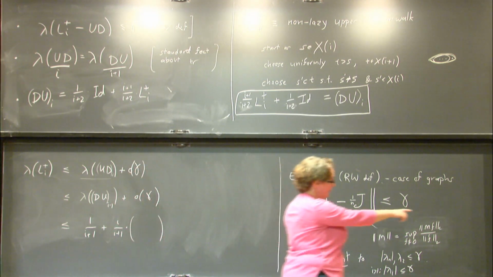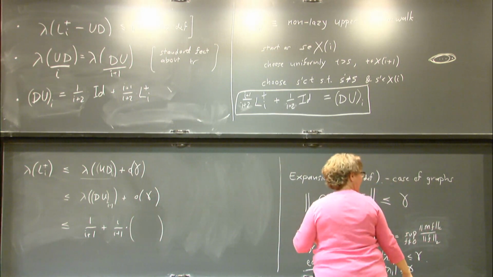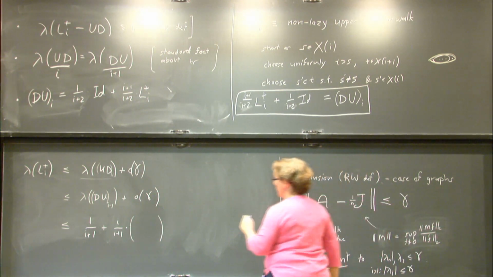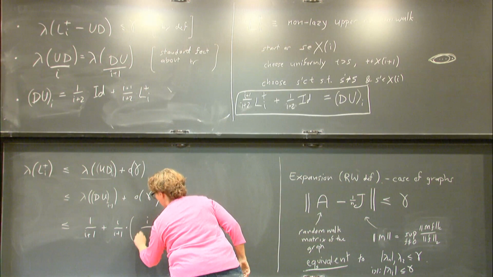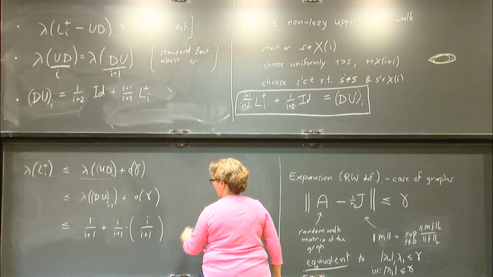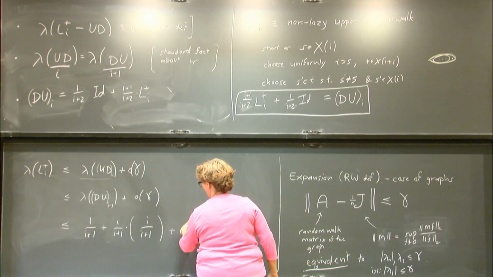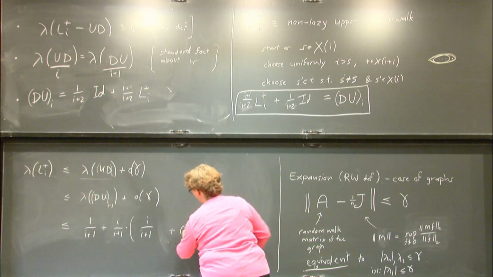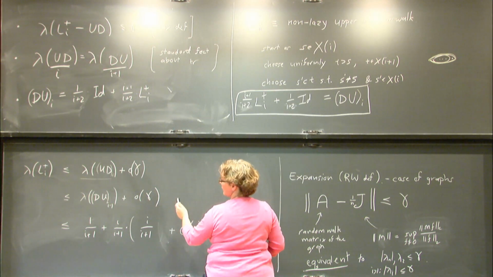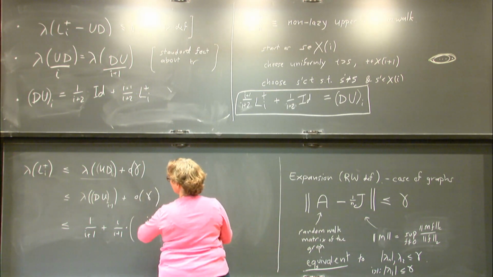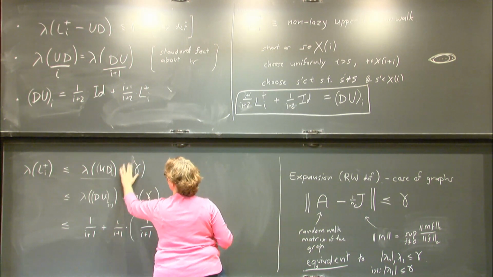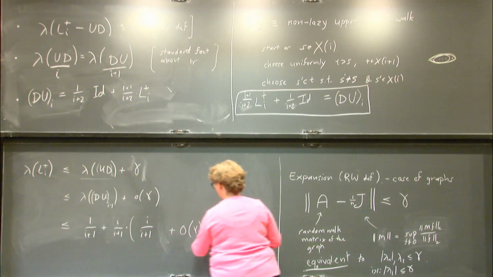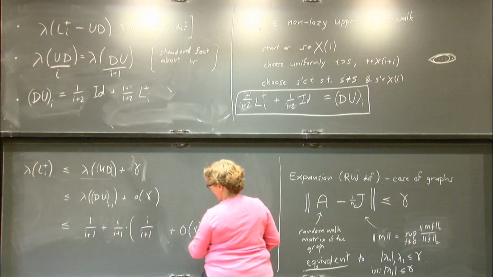I copy it from the claim, I divided by I plus 1, I divided by I plus 1, plus O of gamma, and here I didn't need the O, I just had gamma. So plus gamma, so that's fine.